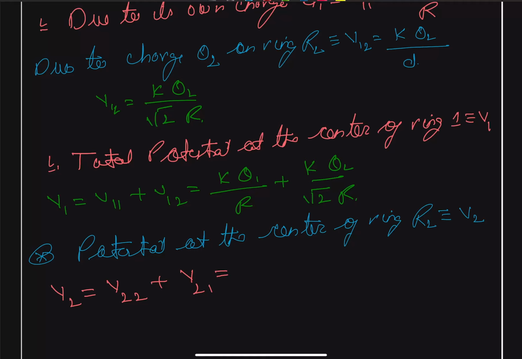So we can write this as K Q2 upon R plus K Q1 upon square root of 2 multiplied by R.